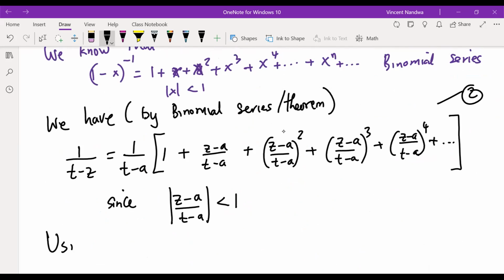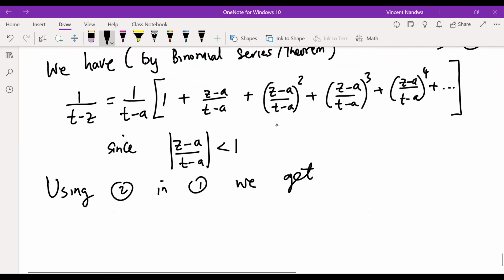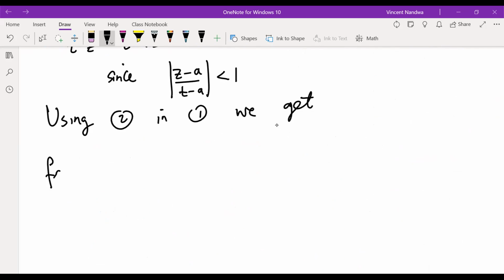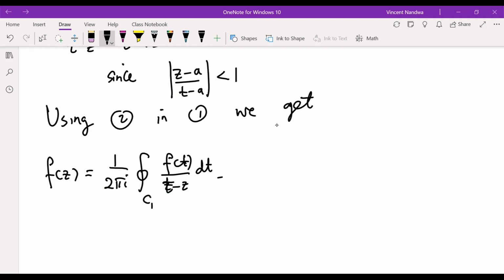So using 2 in 1, we get f of z will be given by 1 over 2 pi i, integral along C1 of f of t over (t minus z) dt.